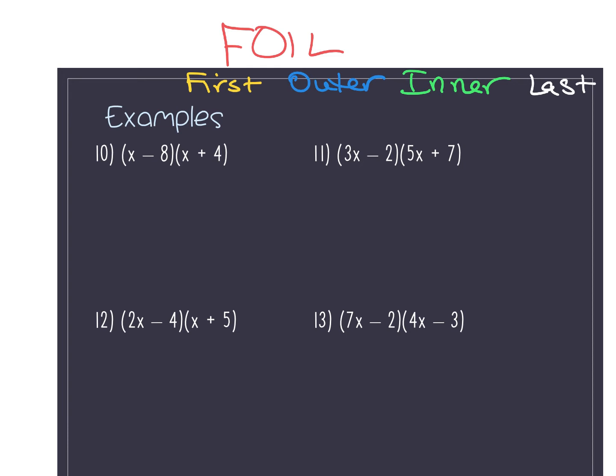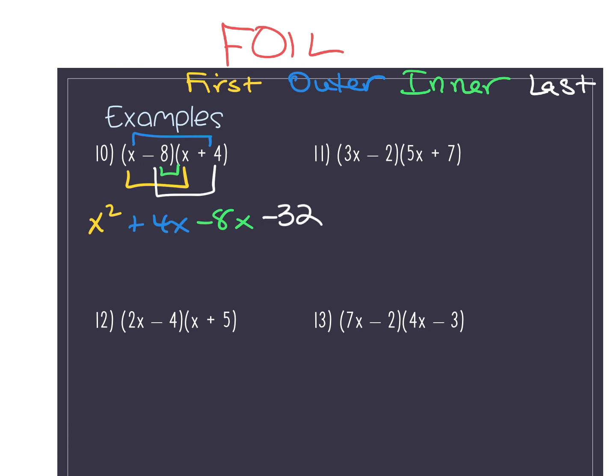So when I do the first one, x times x gives me x squared. Then I'll do the 2 outside terms. X times 4 gives me 4x. Then the 2 inside or the inner terms, negative 8x. And then finally, the last, which would be negative 32.